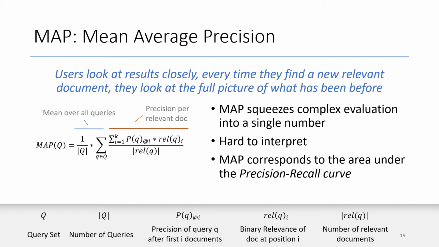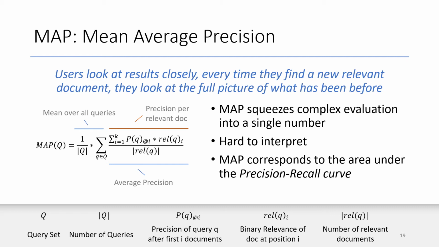And then the upper part here is the precision for each relevant document. So we traverse our list from 1 to k, and for each position i, where we find a relevant document, we take the precision up until this point at i. And we divide it by the number of relevant documents that we have to get the average precision.